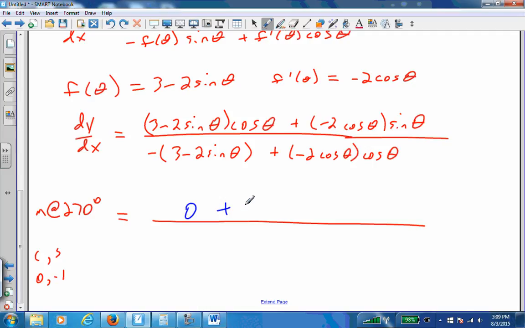If cosine is 0, this is 0. 0 times anything is 0. On bottom, we have minus, let's see. If sine is negative 1, that's negative 1 times negative 2. That's 2 plus 3, so 5. If cosine is 0, that term is 0.